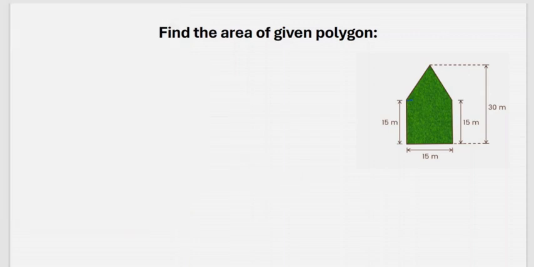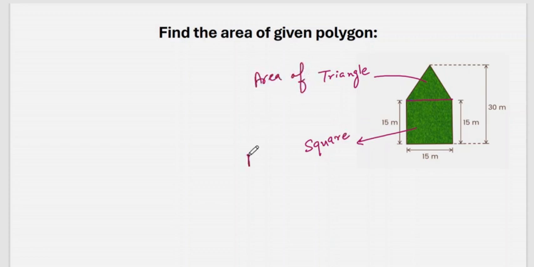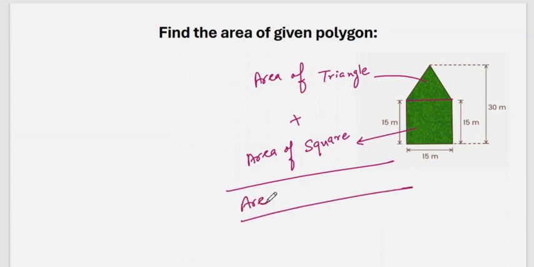One is your triangle and other is your square. And if you add the area of triangle and area of this square, you will get the area of the given polygon.